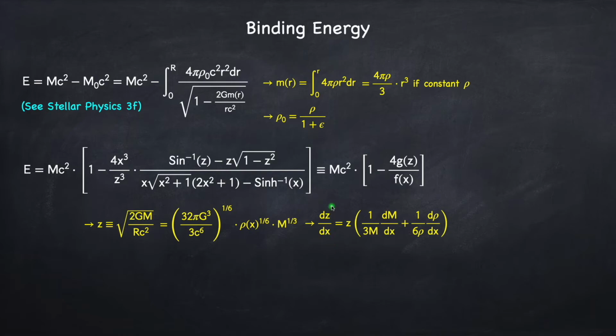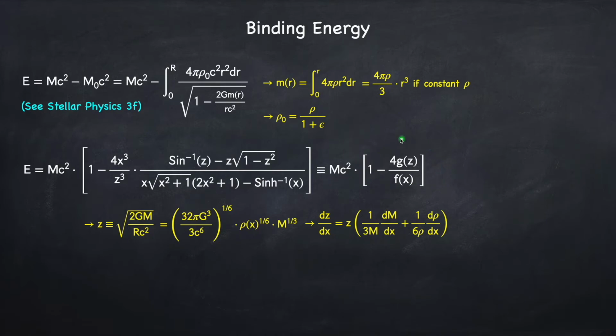The problem with this expression is that it's dependent on the mass, and the mass is just the total energy of the star, and that can vary. What is constant is the rest mass energy of the star, because it's just counting up the total number of neutrons in the star and multiplying by their rest mass. So it would make more sense to rewrite this energy in terms of the rest mass.